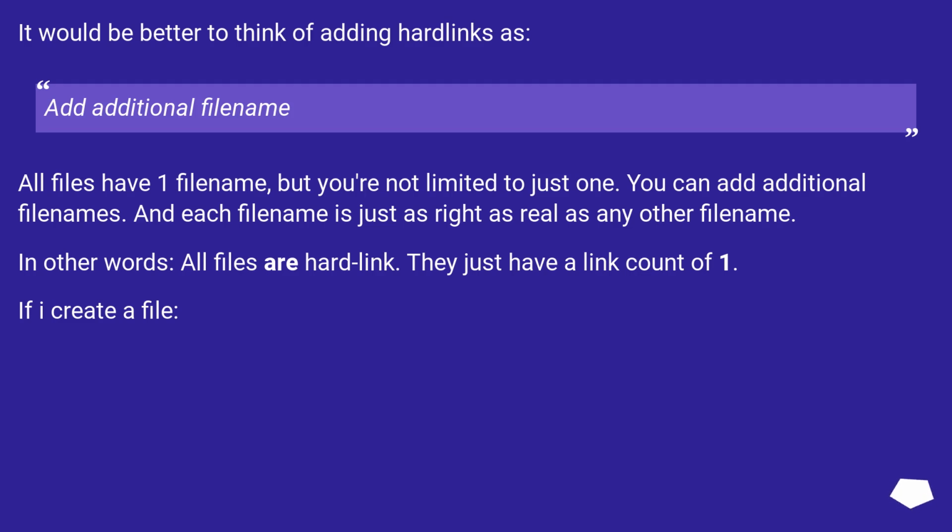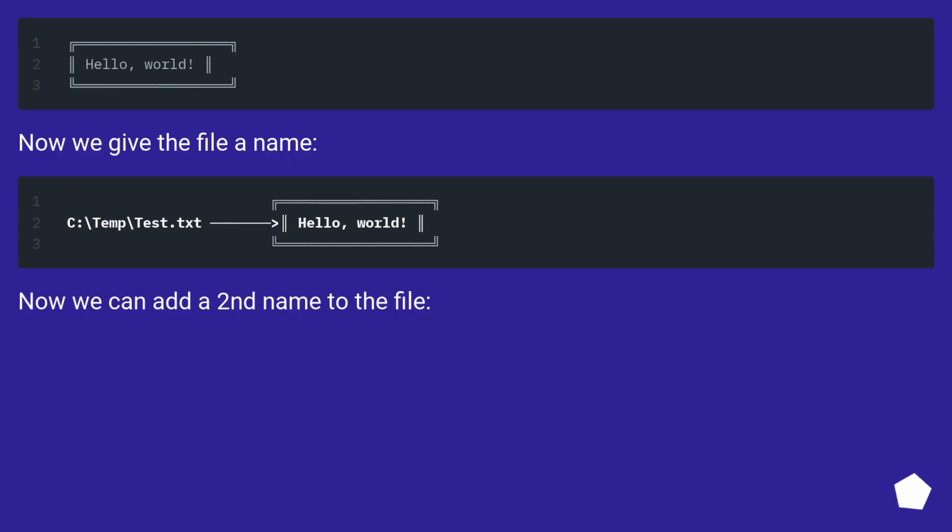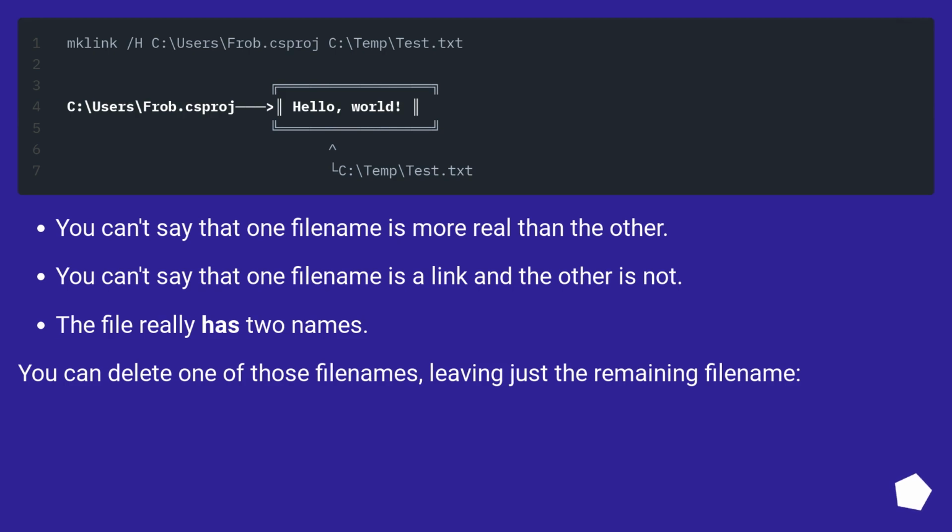If I create a file, now we give the file a name. Now we can add a second name to the file. You can't say that one file name is more real than the other.